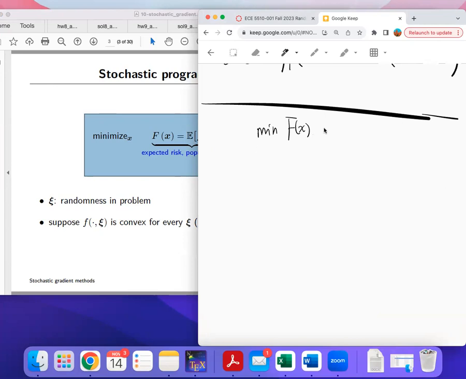For example, we have done this least squares, Ax minus b. Once you give me the measurement matrix A and these observations b, the problem is fixed, and we just need to solve this problem.